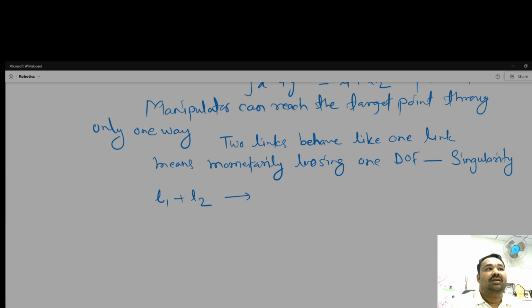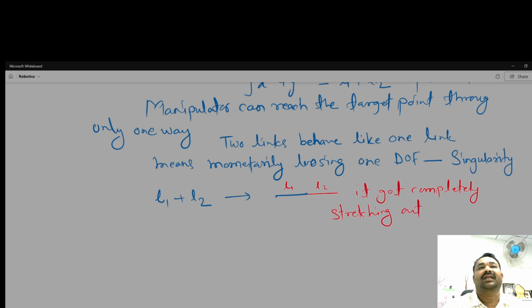When it is L1 plus L2, suppose this is link 1 and this is link 2, you can see it is completely stretched out, meaning it becomes a straight line, meaning now two links are being controlled by a single motor, not two motors.